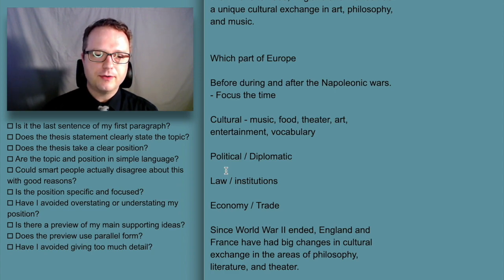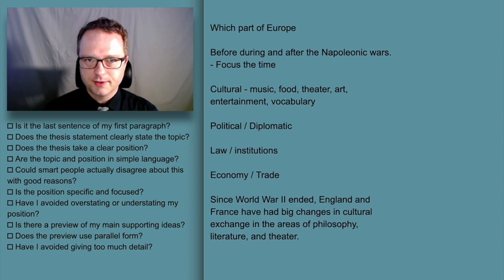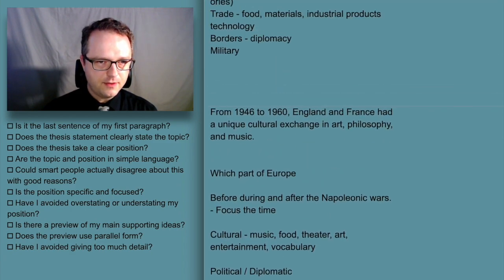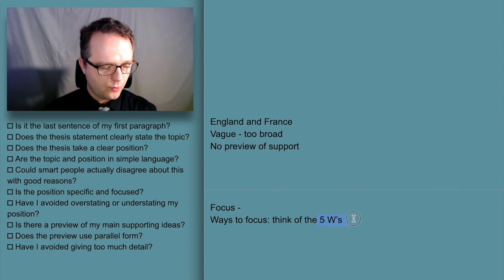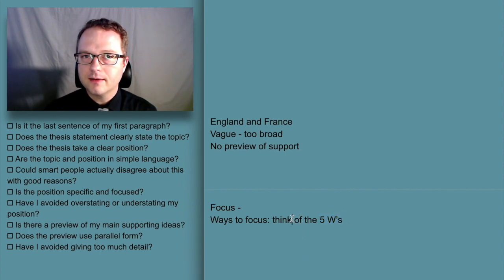And there are about 100 different correct thesis statements we could make from this original once we make it more specific. But you need to make your topic more specific. Often the 5 W's is a good way to do it. Who, what, when, where, why, and how. Right? Who's affected, which groups of people, or what type, what kind.